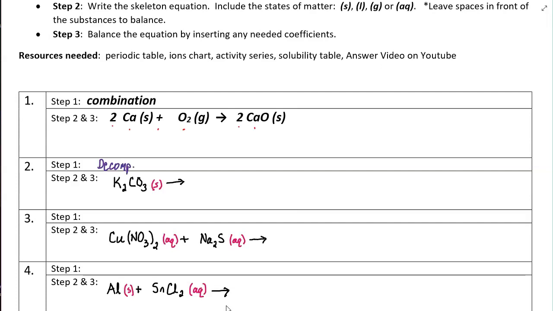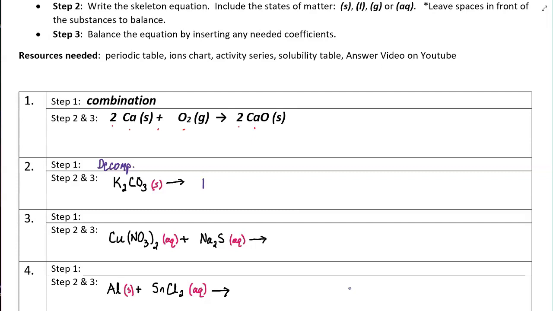In step 2, follow the decomposition pattern and write down the products of the decomposition. It's going to separate into the components that make potassium carbonate. When we were doing worksheet number 2, the one about decomposition, we discovered that if you have a metal carbonate and it decomposes due to being heated or having electricity run through it, it produces a metal oxide and carbon dioxide gas.